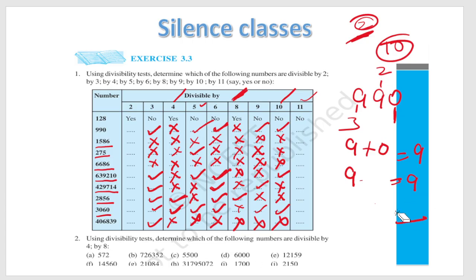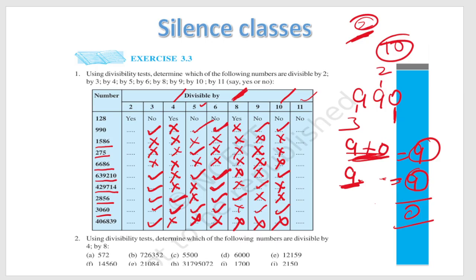So 9 plus 9 is 0, and 9 minus 9 is 0. This means this number is divisible by 11. First of all, we have to add the given numbers. Then whatever sum there is of the even-place digits and the odd-place digits, we have to subtract.